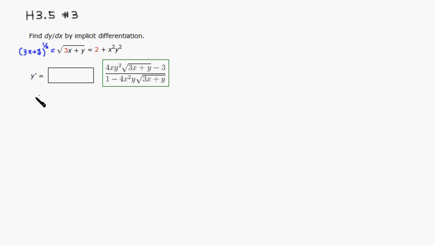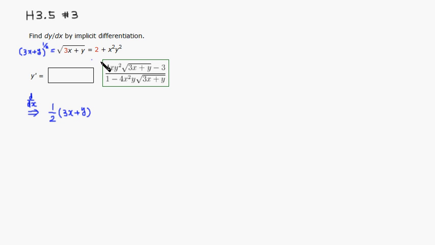Alright, so let's take the derivative. So we want to take the derivative with respect to x, because we're looking for dy over dx, right? So take the derivative of the left-hand side, we'll get 1/2 in front, and keep the same quantity, so it's 3x plus y.